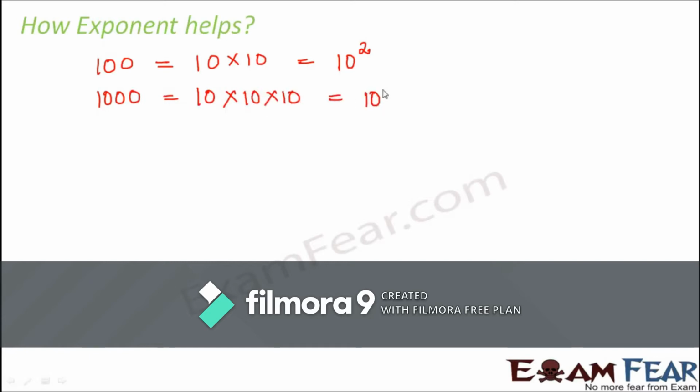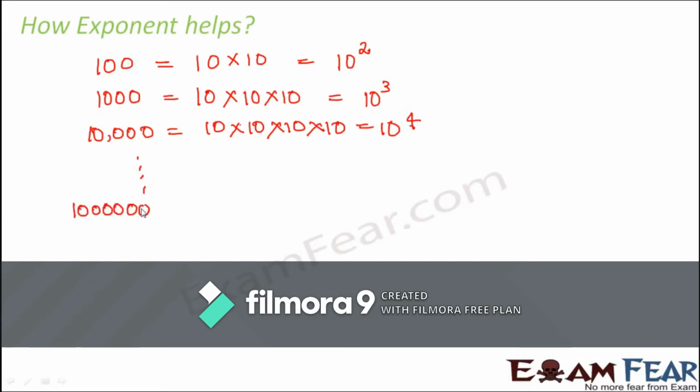So 1000 is 10 to the power 3. If you talk about 10,000, that becomes 10 into 10 into 10 into 10, that is 10 to the power 4. In a similar way, a number which has 1, 2, 3, 4, 5, 6, 7, 8, 9, 10 zeros can be very well written as 10 to the power 10.